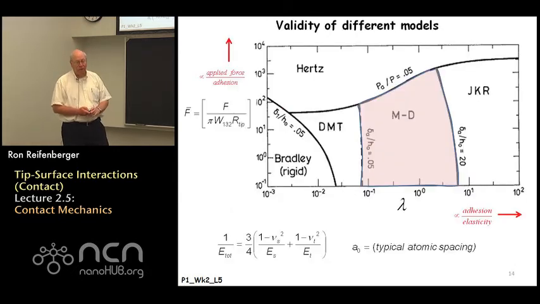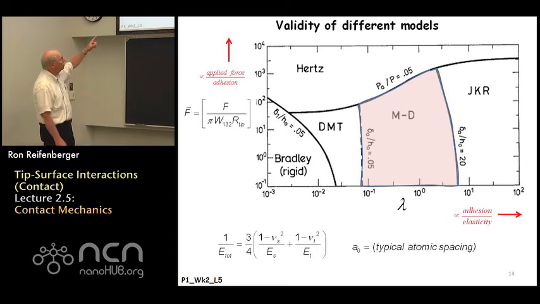You can use that parameter, in this case we're using the parameter lambda, whatever value that achieves. You can make a plot of lambda versus a normalized force. The normalized force is basically the ratio of the applied force to the adhesion that results in your sample. It depends clearly on this parameter W sub 132.